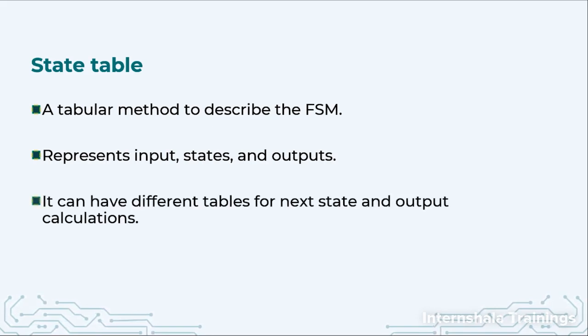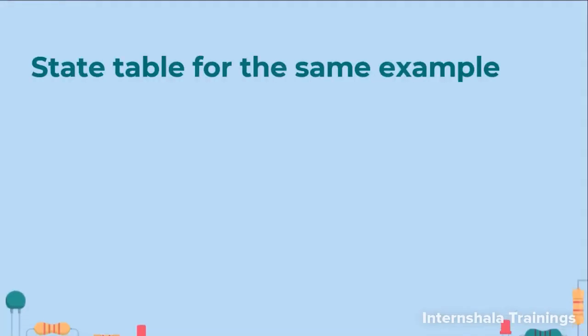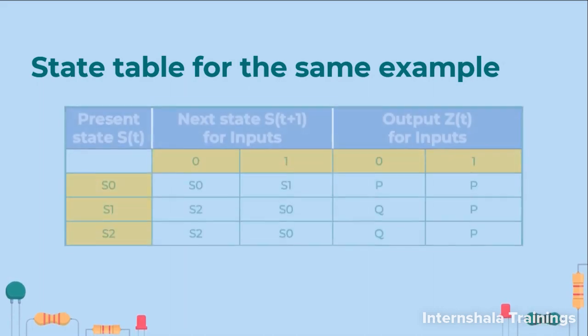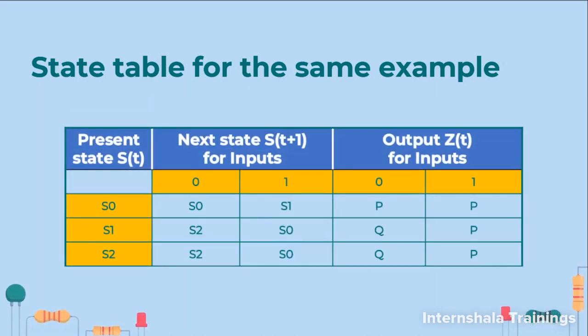Here we can make different tables for calculation of next state and output, and sometimes we can do it in a single table as well. Here we are going to make the state table for the same example for which we had made the state diagram. So here we have our table and let us understand it.